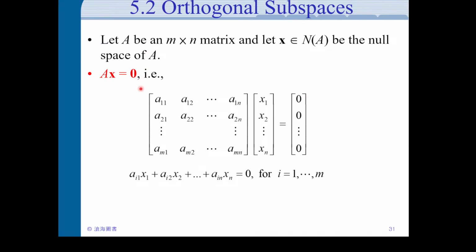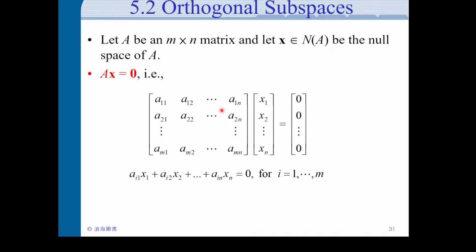This is the definition of x being in the null space. If you write down the formula, A is this block and x is this vector, and all of it equals 0.